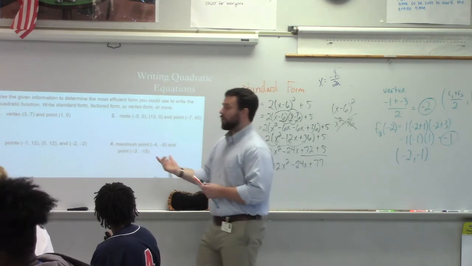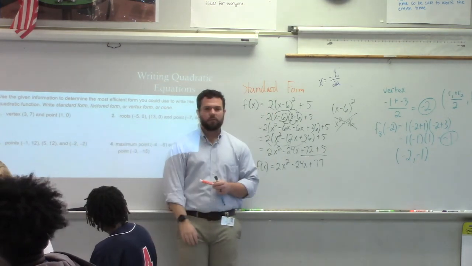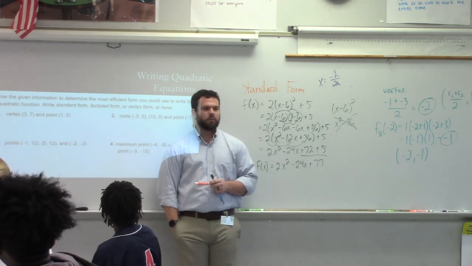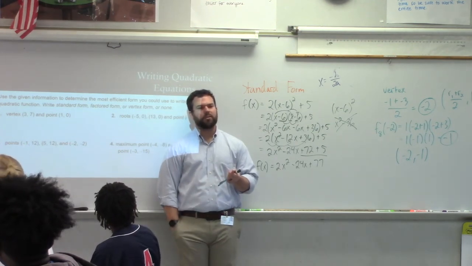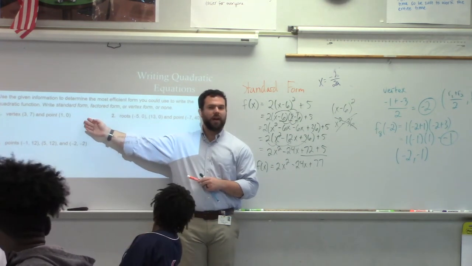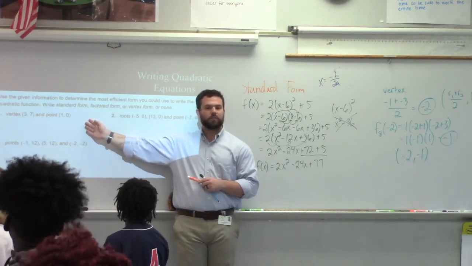So could I use factored form for number one? But you have to find the second root. To use factored form I need two x-intercepts, don't I? No, can't. Gotta find the other one.